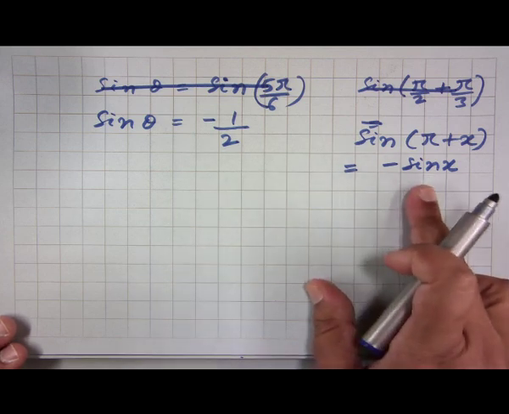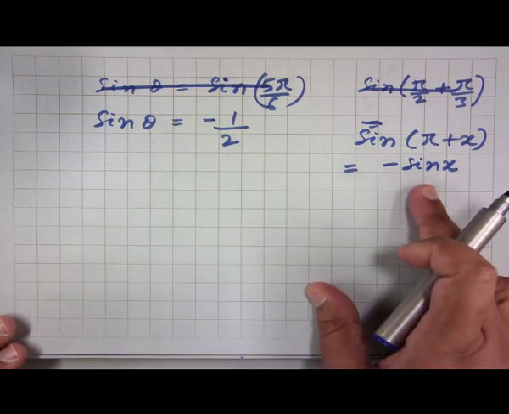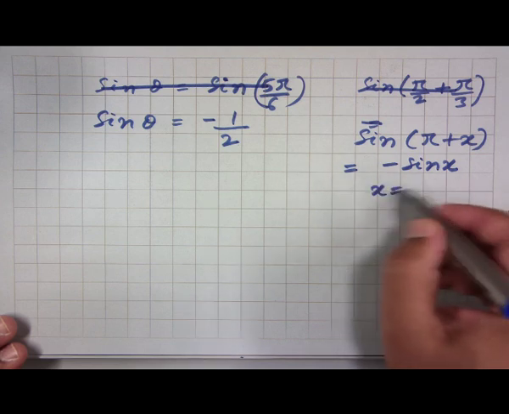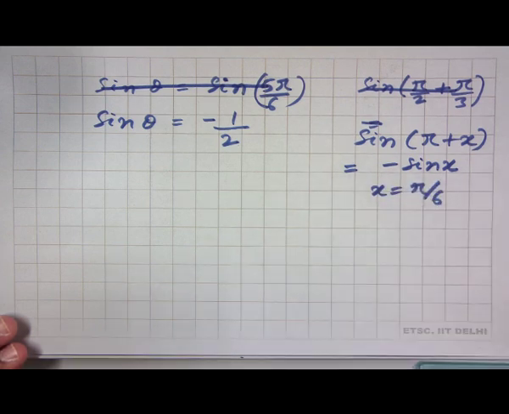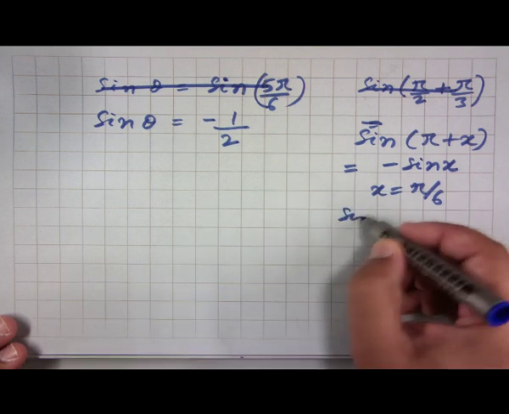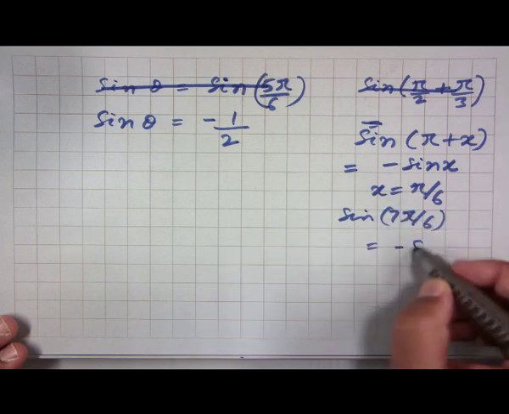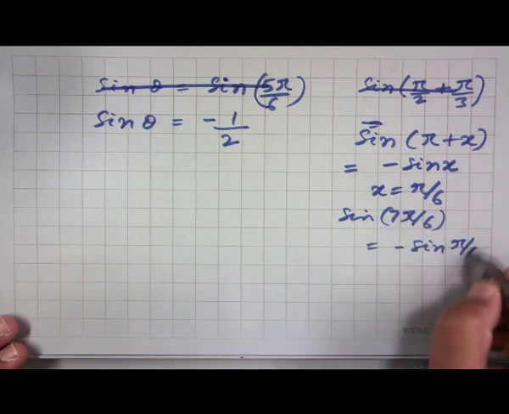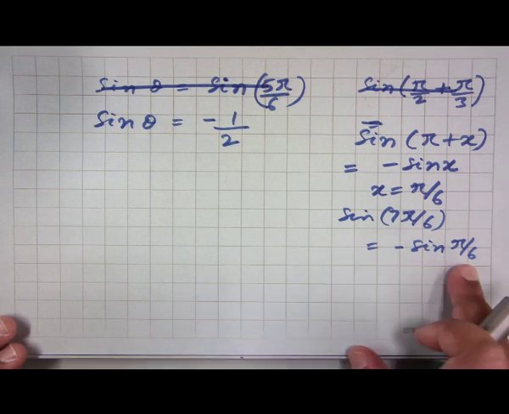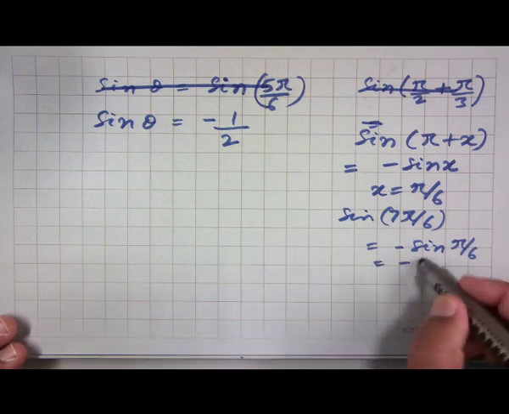If we substitute x equal to pi by 6 here, what we get is sine of 7 pi by 6 equals minus of sine of pi by 6, and sine of pi by 6 is equal to half. So this is minus half.